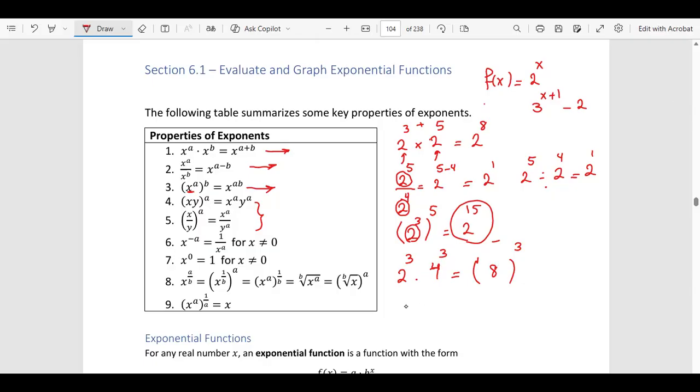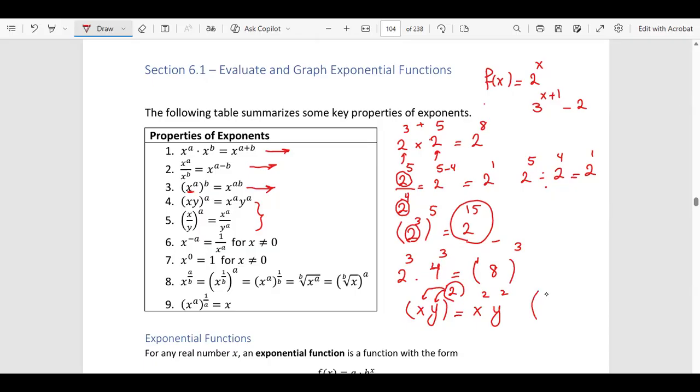Or if you see that two terms are inside the parentheses with the same power outside, that means that power is for everything inside the parentheses. If you want to drop the parentheses, you need to give each term a power of 2. And that works for division as well.